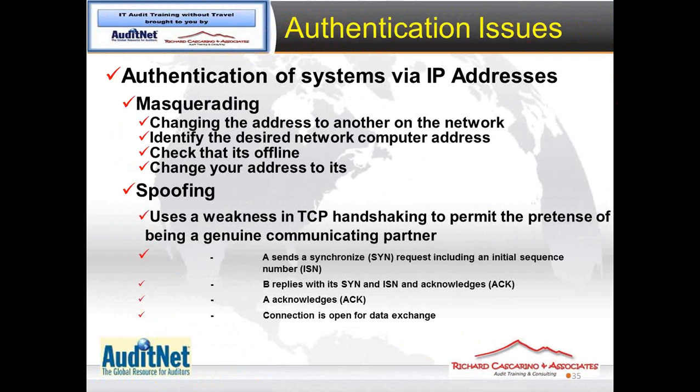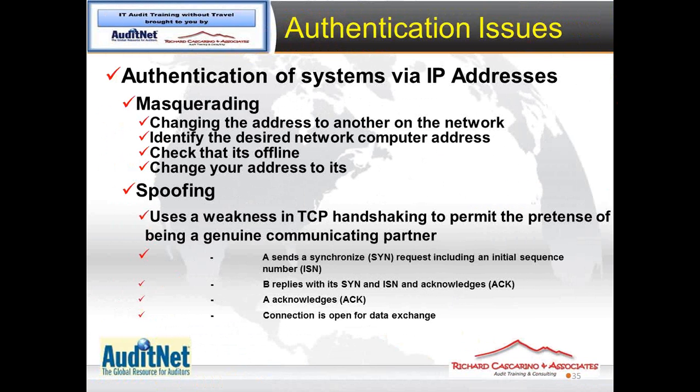What happens is A sends a request to synchronize to B. It sends a SYN request, including an initial sequence number, an ISN. B then replies with its synchronization request and initial sequence number, and acknowledges A's request, sends an ACK. A then acknowledges B's communication, and now the two are talking to each other.